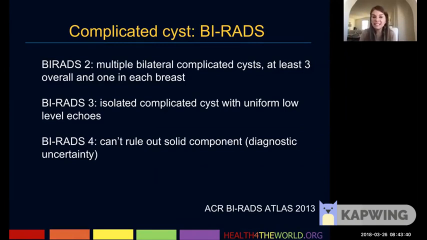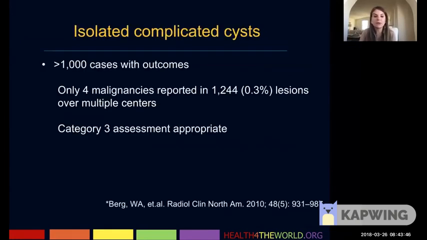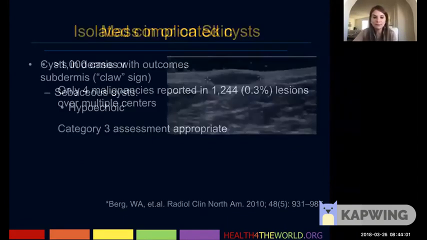However, if there is any diagnostic uncertainty and you can't rule out a solid component, that should be a BI-RADS 4. Now, when we talk about isolated complicated cysts, we have over 1,000 cases documented in the literature with 4 malignancies, or a 0.3% malignancy rate, and that's where we come to the BI-RADS 3 assessment.